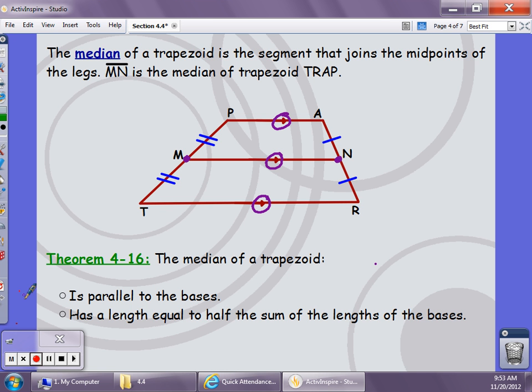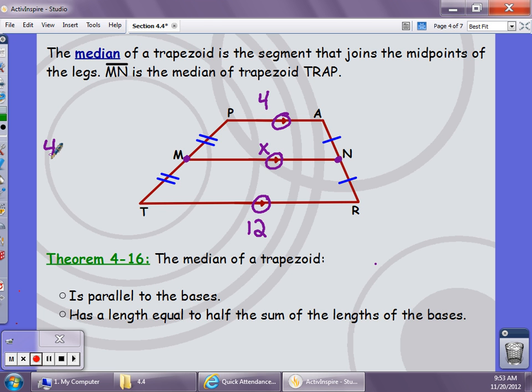So let's say that we know that one base is 4, so PA is 4, and the second base is 12, so TR is 12. What this says is that if I want to find, and we're going to go ahead and label the median X, so if I want to find that median, I know it's going to have a length equal to half the sum of the lengths of the bases, which is the average.